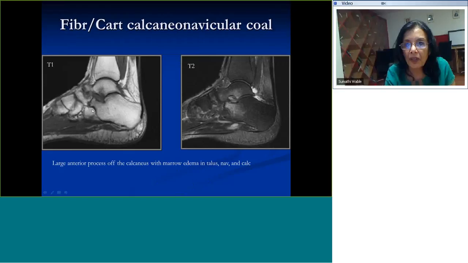I shouldn't say pseudoarthrosis because this is a true joint. Anyway, you have bone marrow edema in the adjacent bones at the navicular and calcaneus, and also to some extent in the talus adjacent to the sinus tarsi.